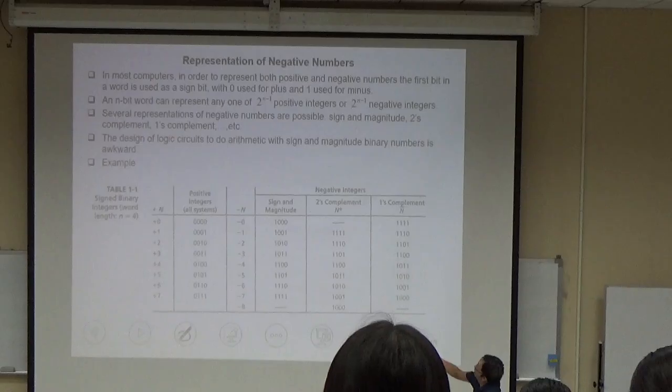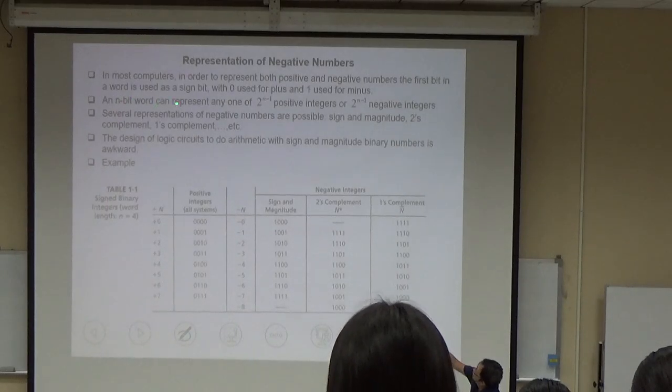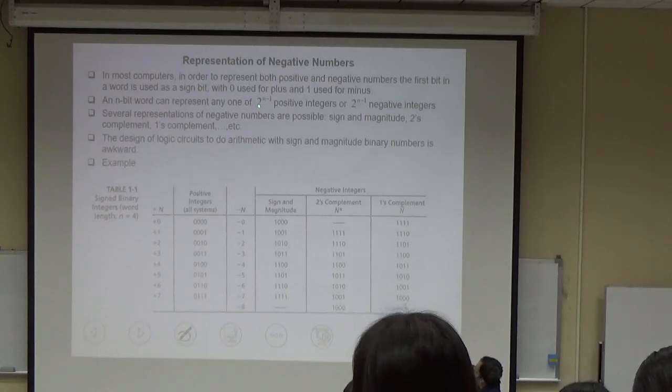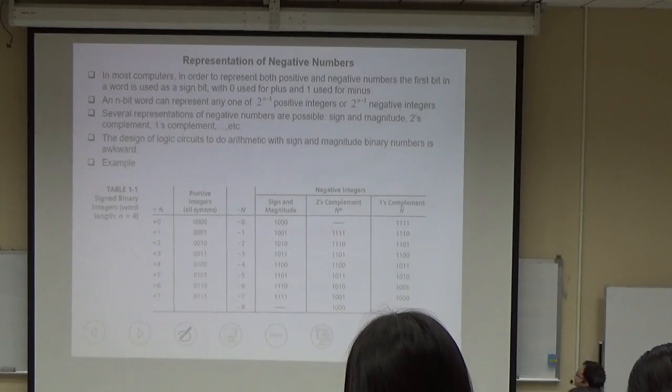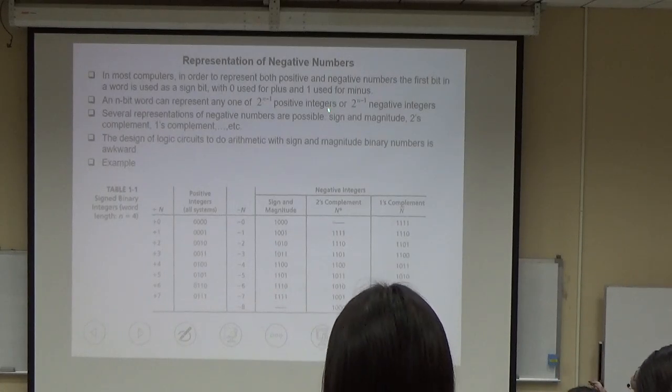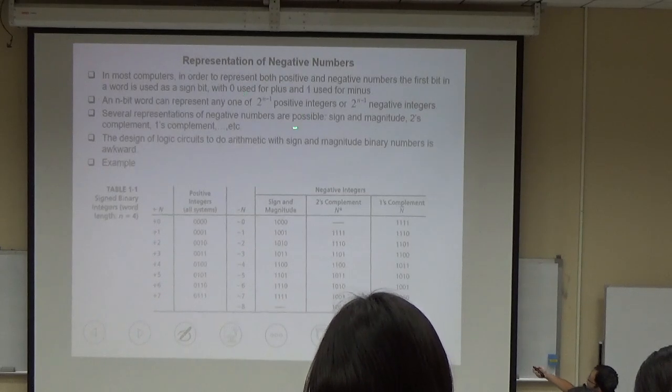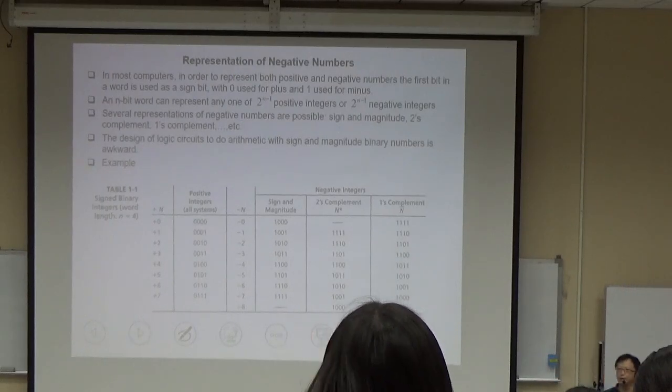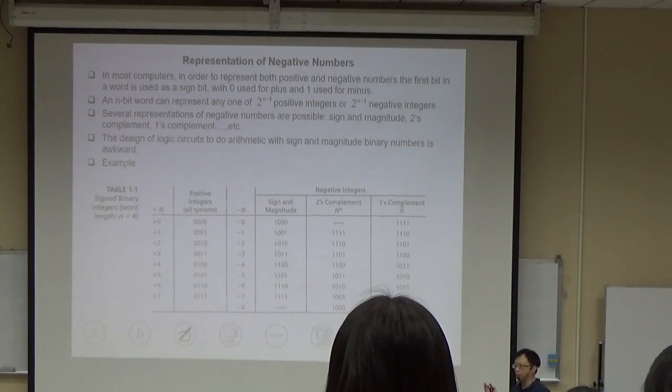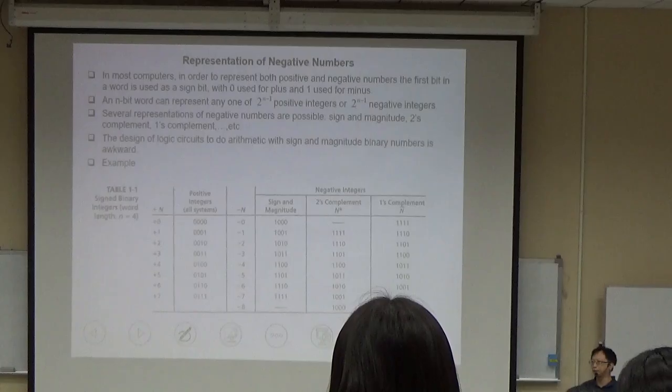Any n-bit word can represent any one of 2 to the power n minus 1 positive integers or 2 to the power n minus 1 negative integers. This is the number of positive or negative integers the system can represent.